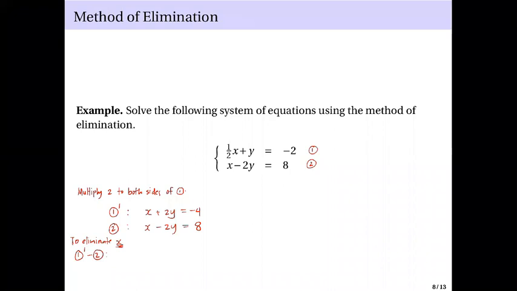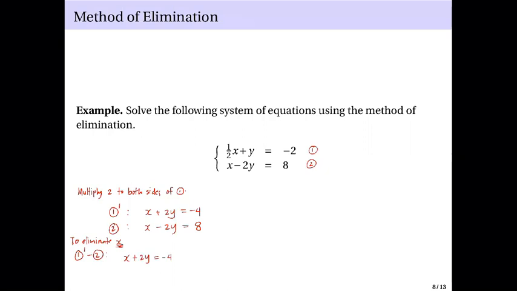Okay? So let me write it completely here. You have x plus 2y equals minus 4.